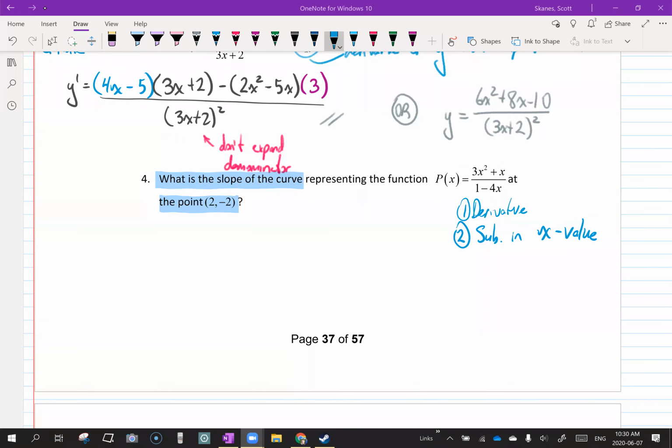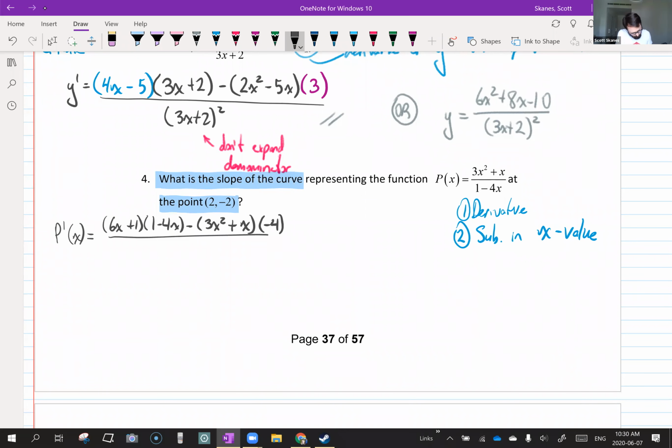Anyone get an answer yet? I'm going to start writing out what my answer would be. And we can start comparing. So this would be the derivative.